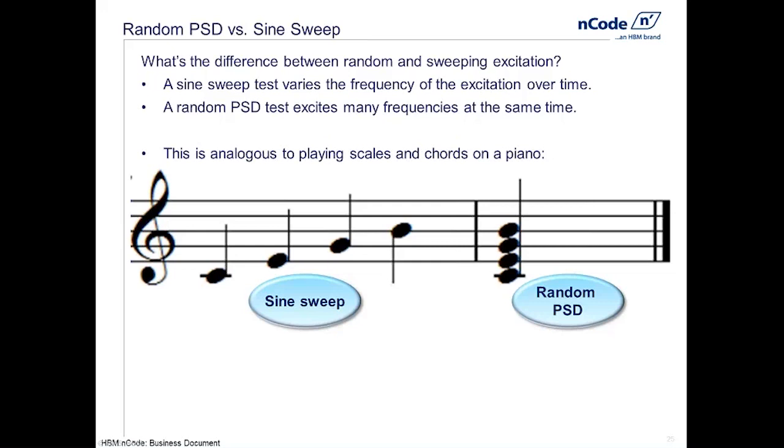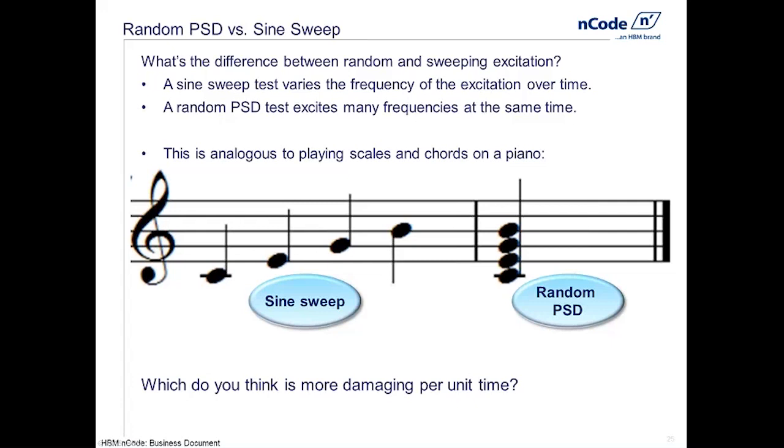So if you were to play a sine sweep on the piano really loud, or a chord really loud on your piano, which do you think would hurt your ears more? Which would make a louder sound? Clearly it's playing all the notes at the same time, because their sound energy is combining to make an even higher sound level to your ears, so you're damaging your ears faster. Same thing happens with vibration and inertial stresses as well.